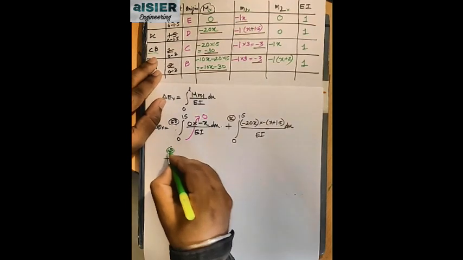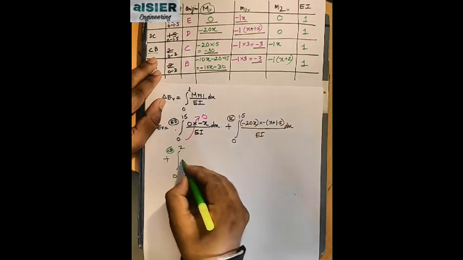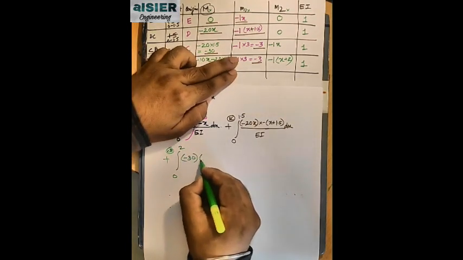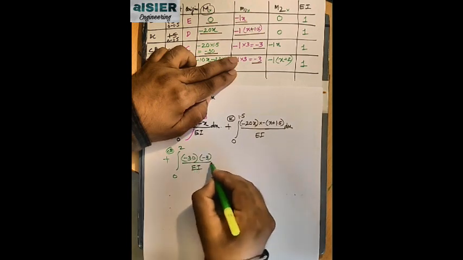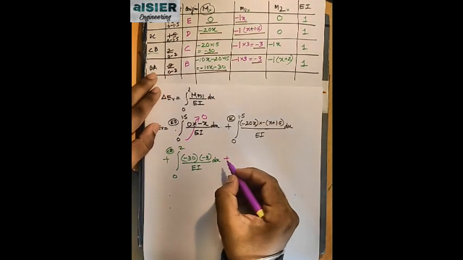Similarly, now the third one, plus. Which is the third region? It is CD. So the limit is 0 to 2 now. And what is the value of M? It is minus 30. The value of m1 is minus 3, divided by EI dx. And the last region is BA.